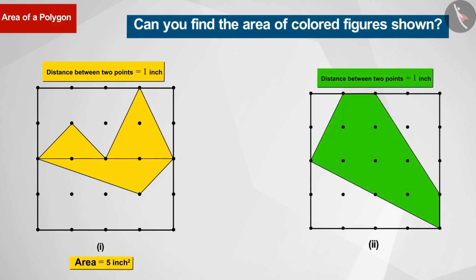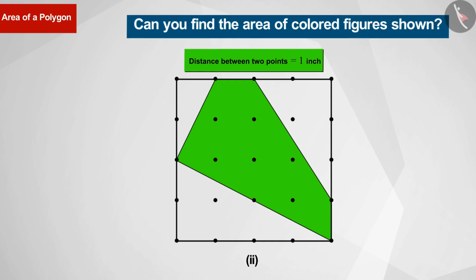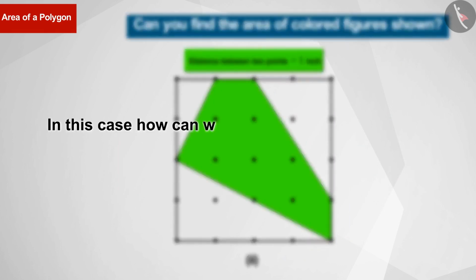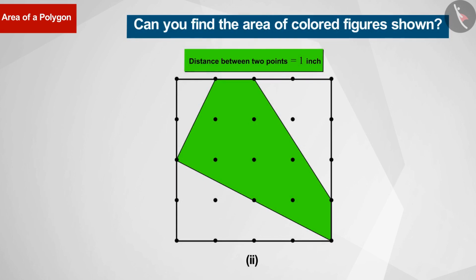Let us now look at the second shape. So now in this case, how will we find the area of this shape? We can see that this green shape is surrounded by a square.